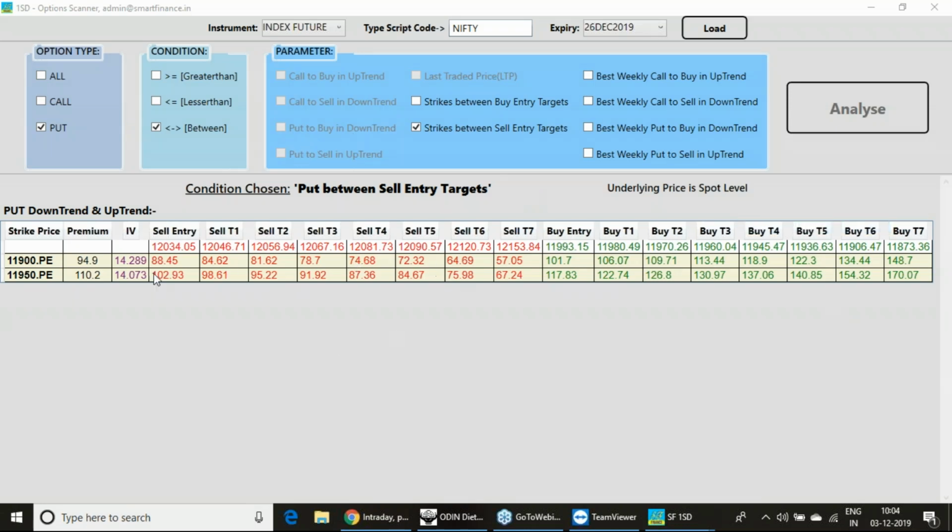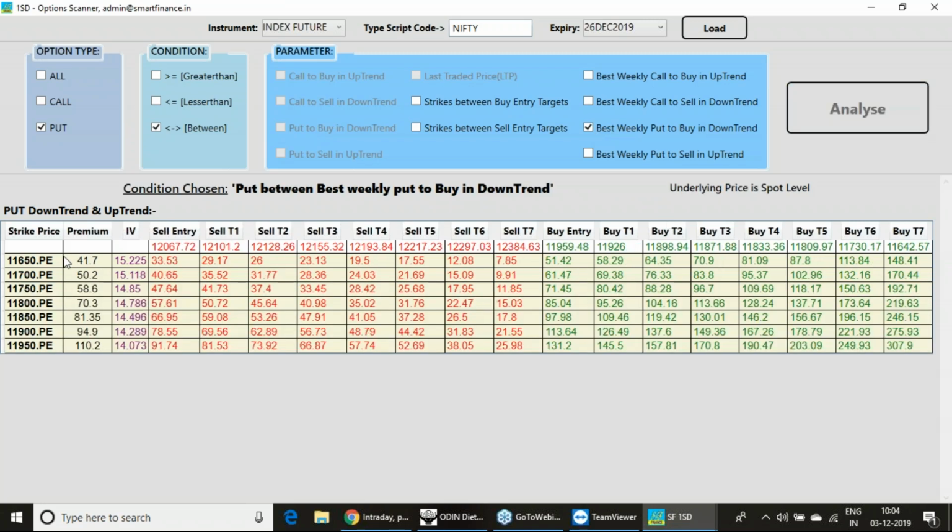Based on this principle, these scanners are designed. In a downtrend breakout, we want to buy the strikes falling between the sell entry and targets. If you are going for the weekly, meaning you want to buy and hold, best weekly put options to buy in the downtrend: this is giving you a couple more strikes you can buy and hold.